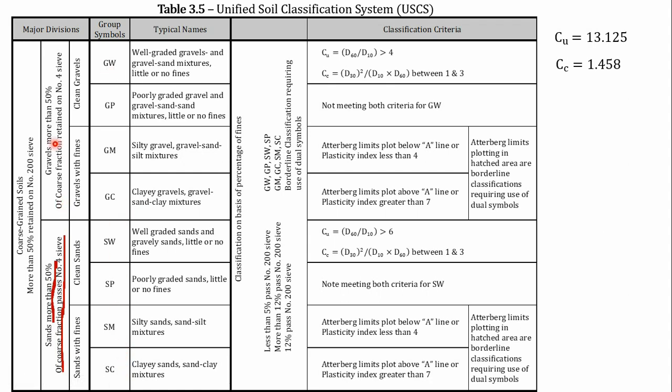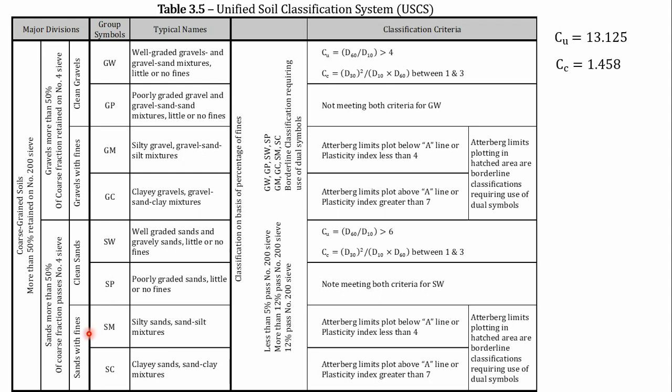So para malaman natin class kung anong subcategory siya, it's either gravel siya or sand, i-check natin yung percent, kunin natin yung percent retained ng coarse fraction sa number 4 sieve.